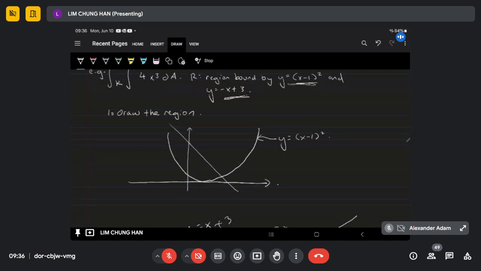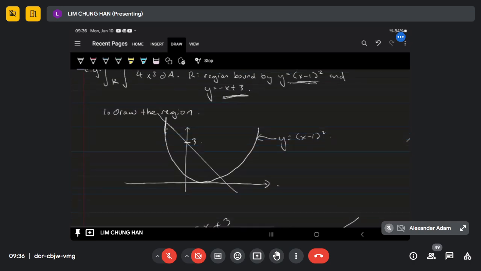The plus 3 is the y-intercept there. So where do you think is the region bound? If I extend this a little bit, where do you think is the region bound? That one, right? Agree? Yes. Good.